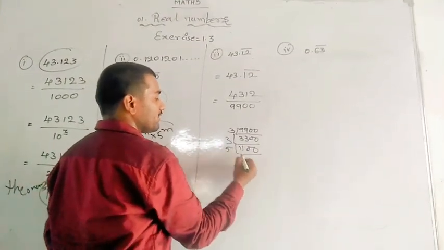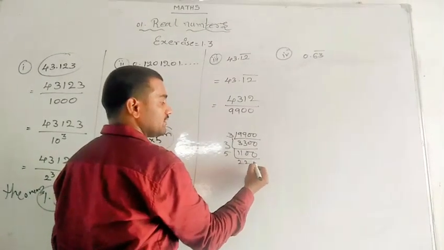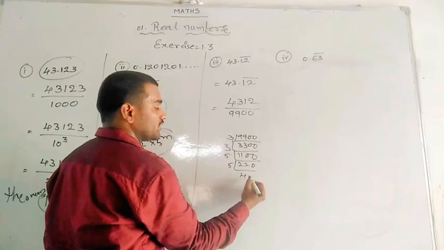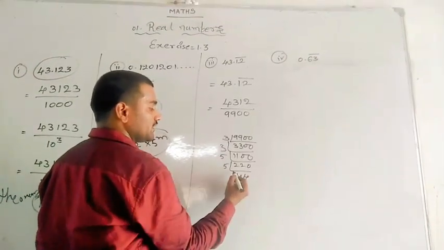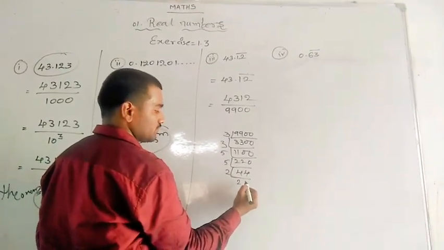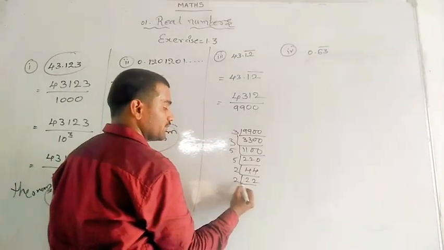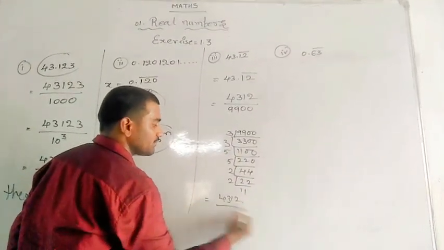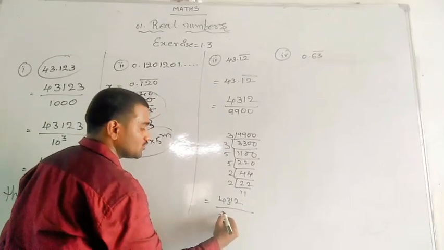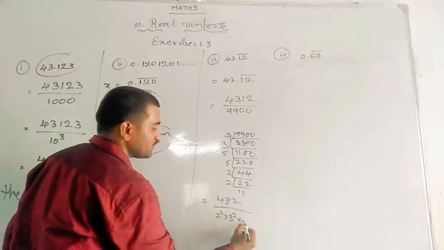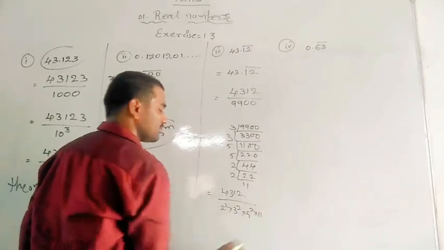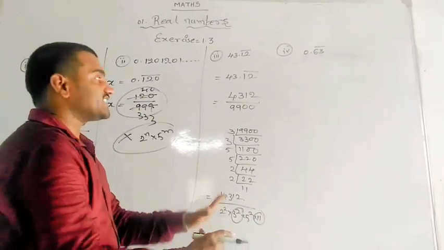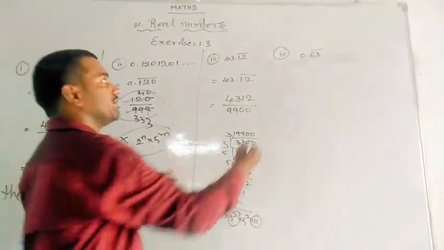Let's go for 5: 5 times 10 is 50... 5 fours are 20, again 2 twos are 4, and 11. The prime factorization here is 2 square into 3 square into 5 square into 11. So 3 and 11 are extra, so it is a non-terminating decimal number.